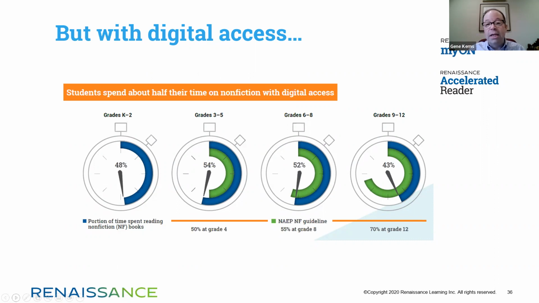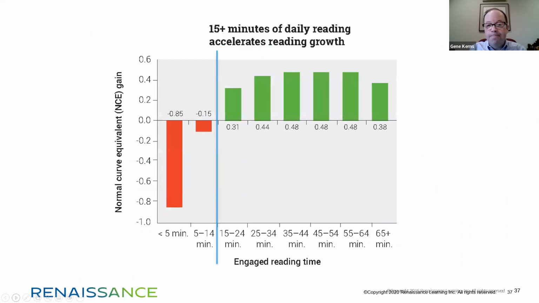What that tells us is kids will read more nonfiction when they can get to it easily. And when you think about it, when I taught school, most of my classroom library was fiction, not nonfiction. And so this access to thousands of nonfiction pieces is really, really important because it brings the information that helps you out with the third part of the big three.